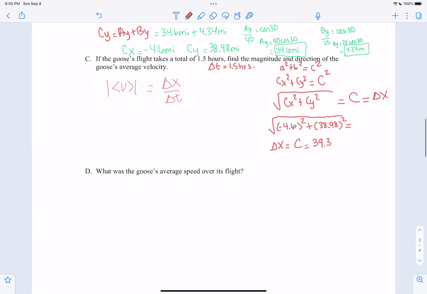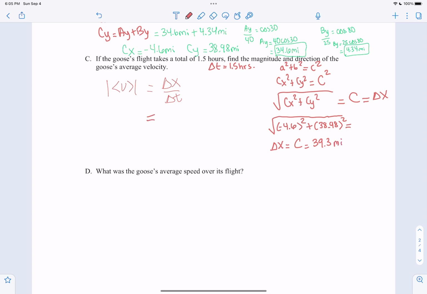As long as your work is correct, if you mess up the final answer for whatever reason, you're going to get points for all of your work, and you might just get a point or half a point off for having the incorrect final answer. But yeah, 39.3, 39.2 is about right, and that's miles.